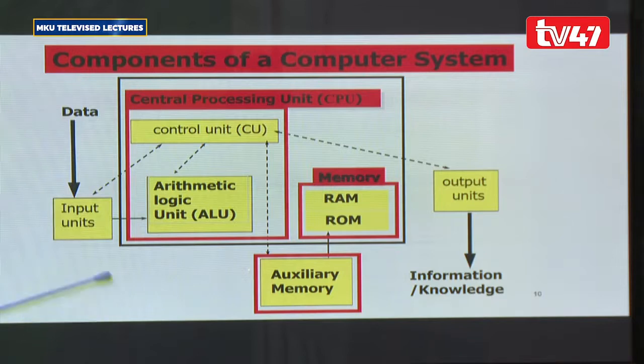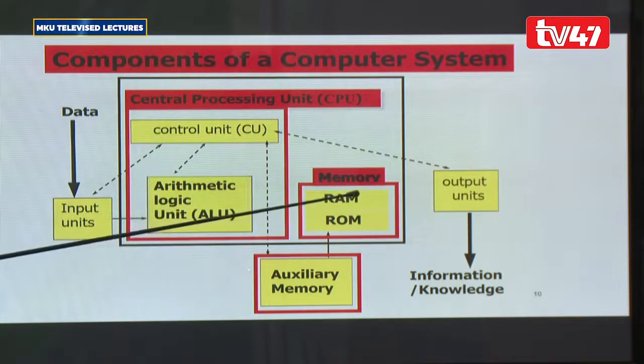The other very important element in a computer is the memory. As earlier stated, we have two major types of memories. We have the random access memory and the read-only memory.